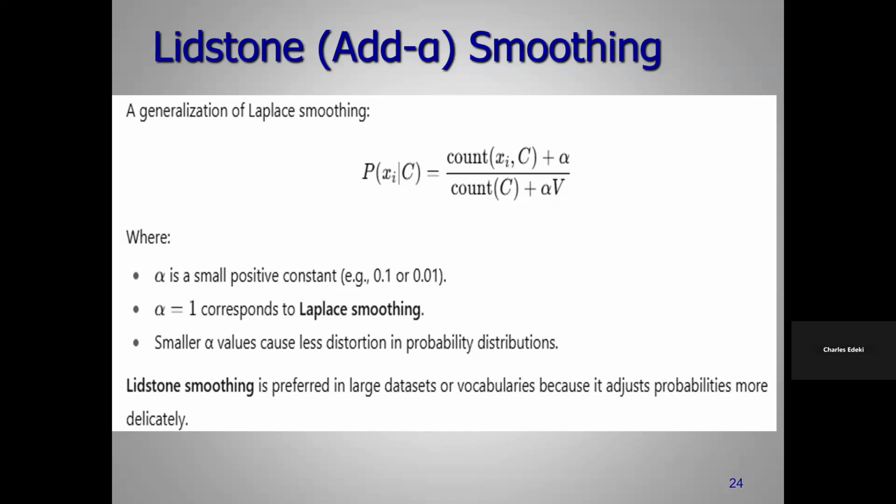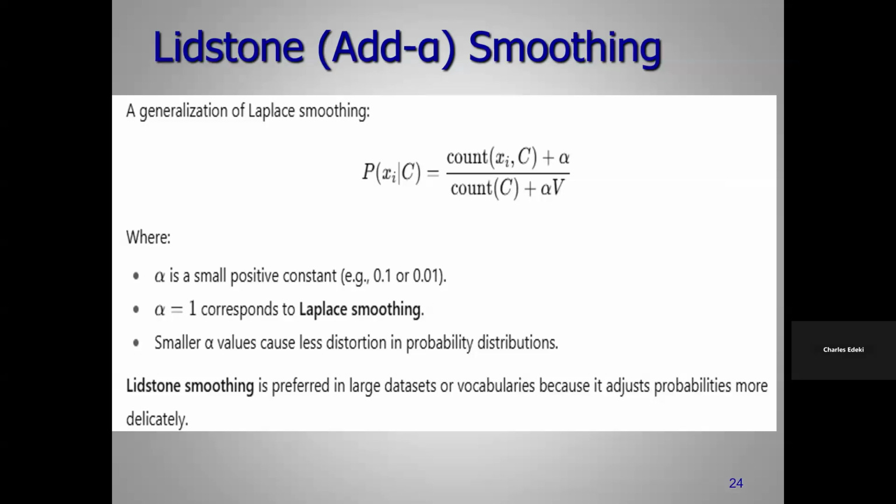So if alpha equals 1, it is the same as Laplace smoothing. But alpha can be small, 0.1 or 0.01, or any value we can think of.